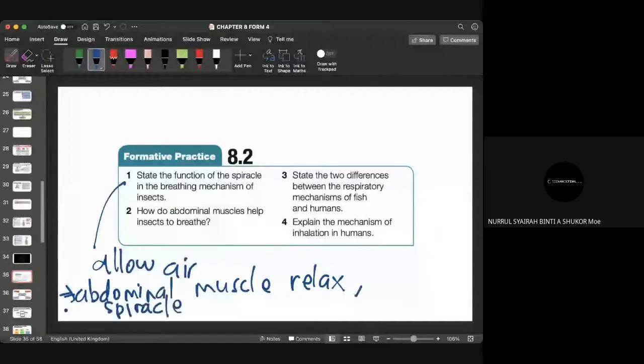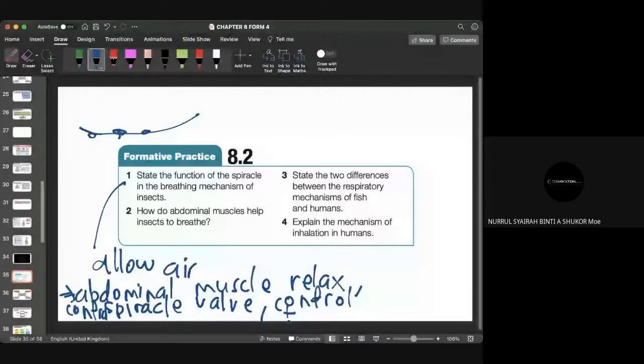Dekat perut dia tu, okay, dia punya spiracle tu dia ada valve kat situ. Control the opening and closing of spiracle valve, control volume of tracheal cavity and allow air untuk diffuse in ataupun diffuse out, move in ataupun move out.